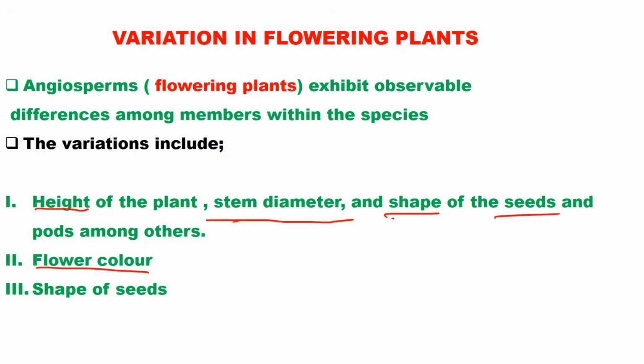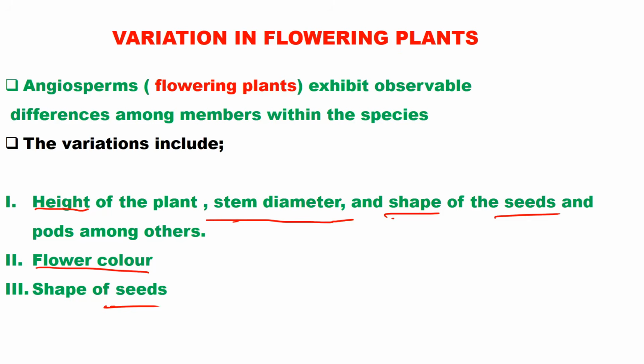Talk of different colors that you can think of, and the combinations of those. So flowers are different in the plants. So this also shows variation. This is a variation that is observed in flowering plants or angiosperms. I hope you've picked something up to this point.